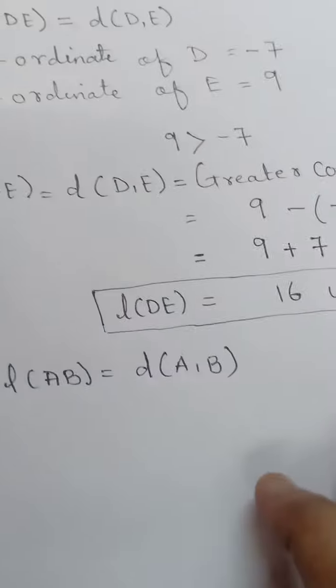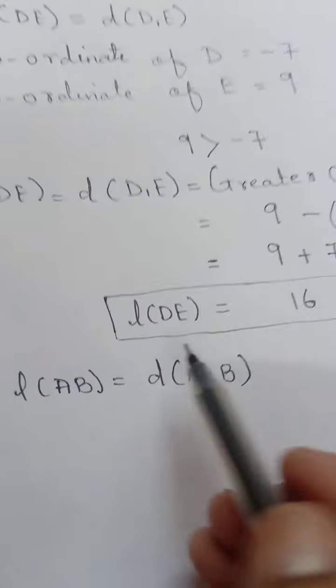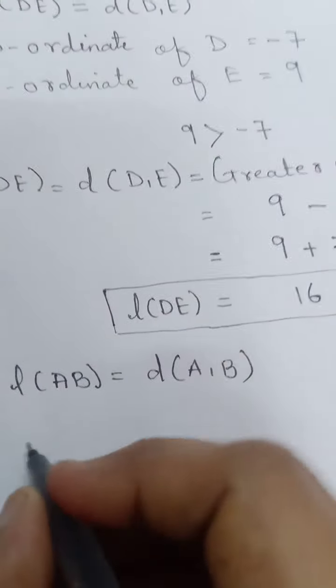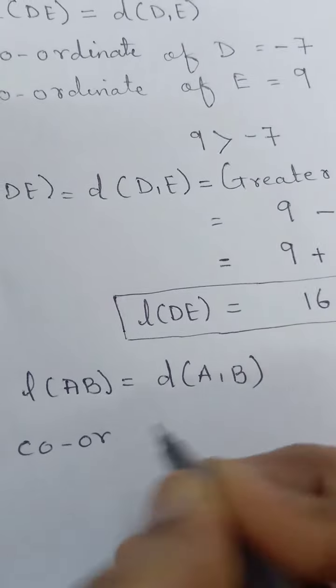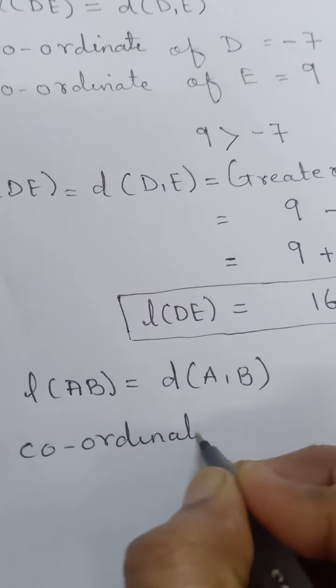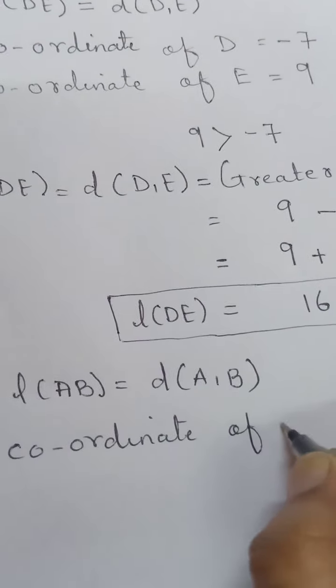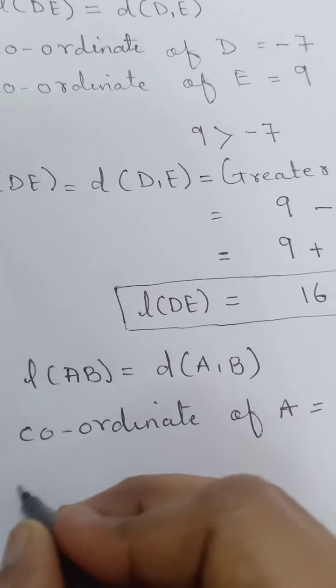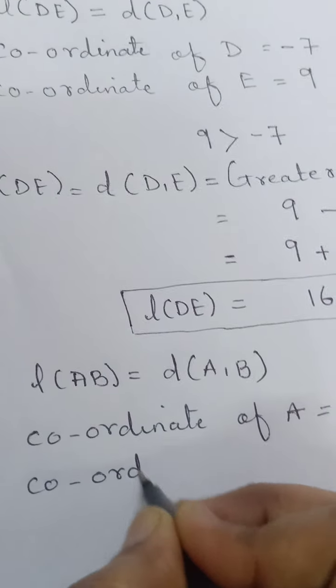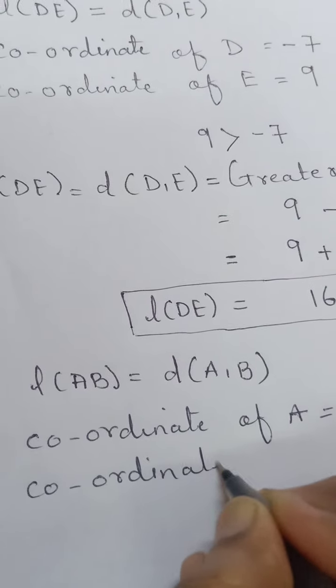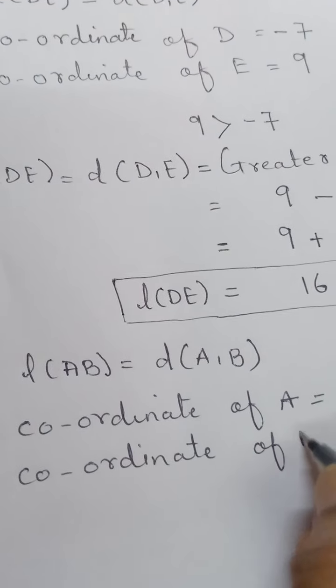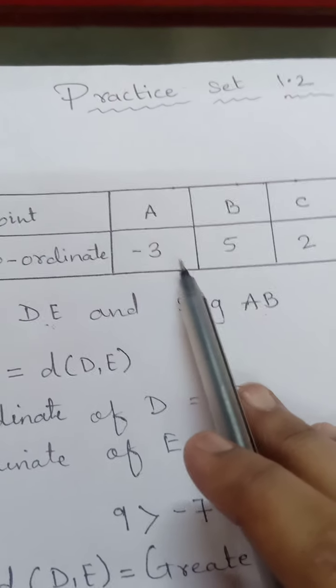For finding the distance AB we need the coordinates of 2 points, that is point A and point B. So we will write here the coordinate of point A and also the coordinate of point B.